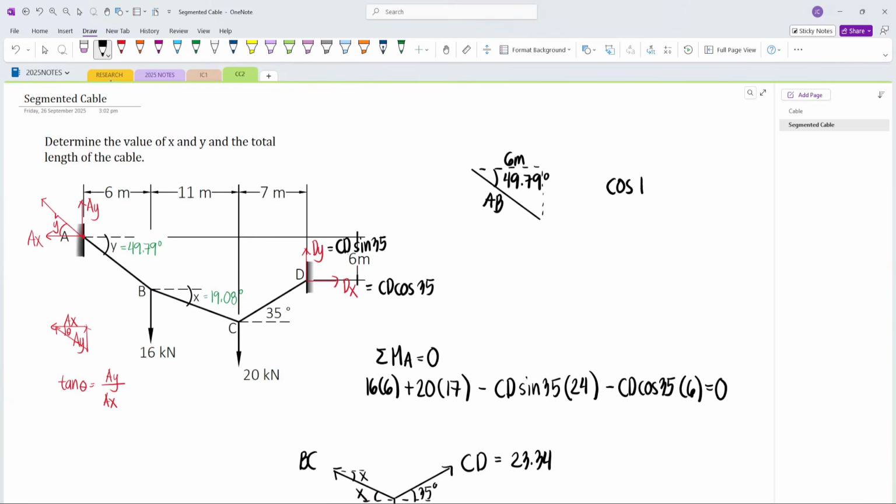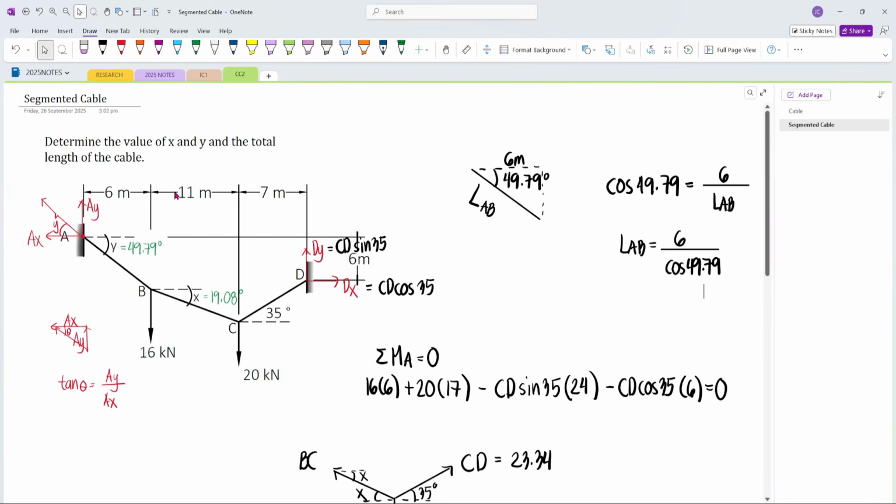So, cosine of 49.79 is equal to adjacent 6 divided by the hypotenuse AB, or ano na lang, length of AB, LAB. Ayan. So, isolating LAB, we would have 6 divided by cosine of the angle 49.79. So, it would also follow na for BC, we just divide 11 by cosine of 19.08.